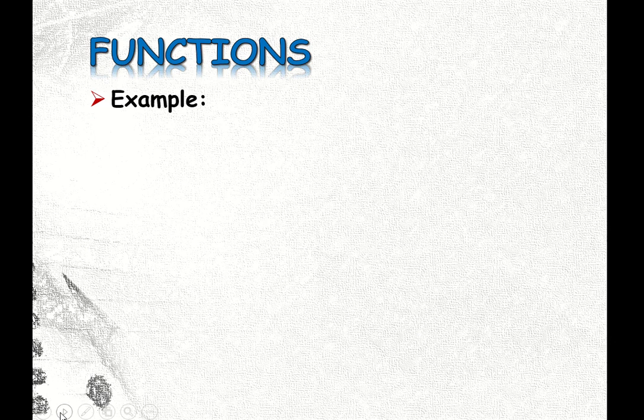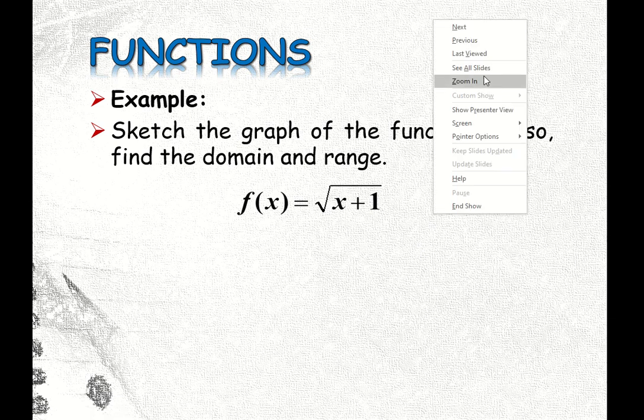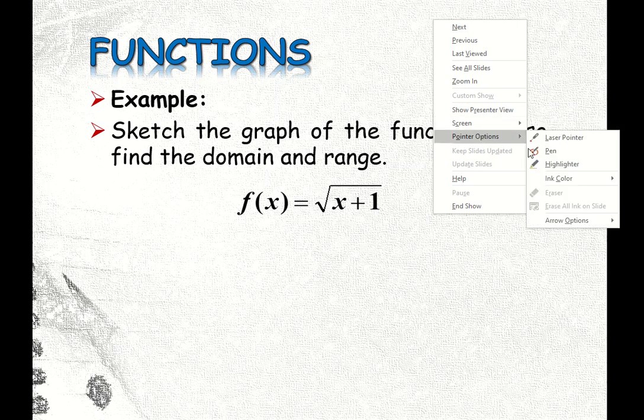So let's take this example here. We are given this function f of x equal to the square root of x plus 1. We are asked to sketch the graph of the function, and also to find the domain and range. From the condition, we need to have p sub x greater than or equal to 0.